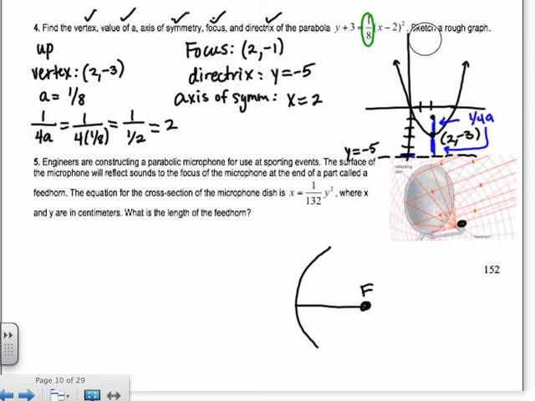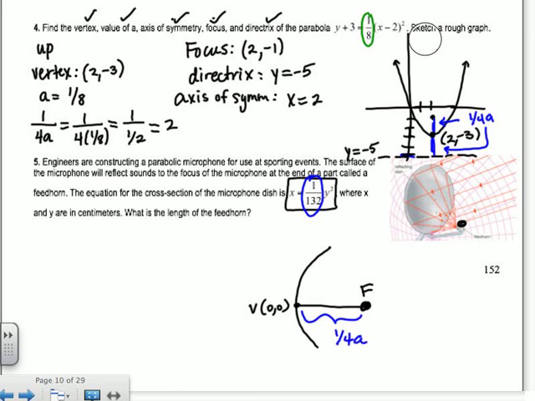So we need to find the length of the feed horn if this is our equation. So basically we need to find where the focus is. So the vertex would be 0, 0, right? Vertex 0, 0. So how do I find the focus? Well, we know this is what? What letter is that? a. So we're going to use that somehow. The distance from your vertex to your focus is 1 over 4a.